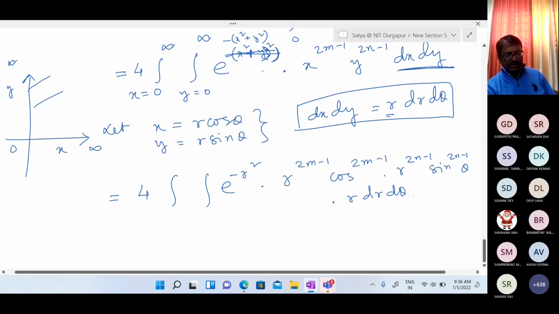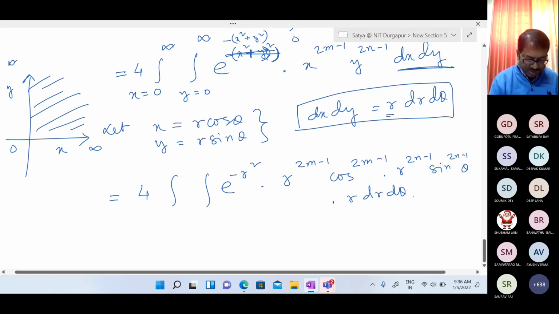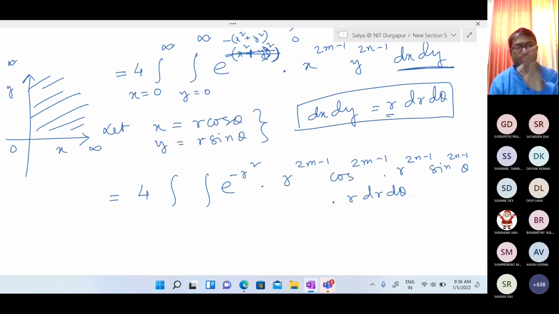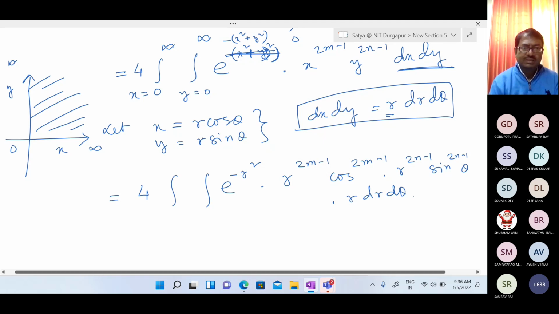Since this integration gives the area of a region, x goes from 0 to infinity, above the x-axis, and y goes from 0 to infinity, right side of the y-axis. So together the intersection is the right side.